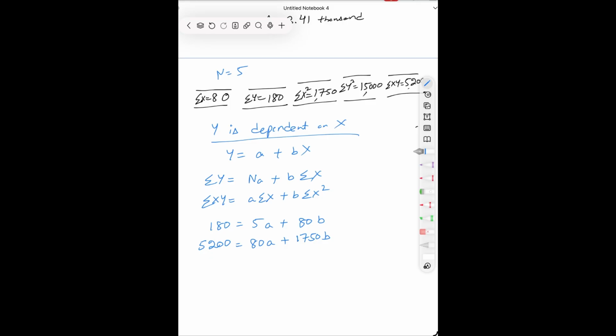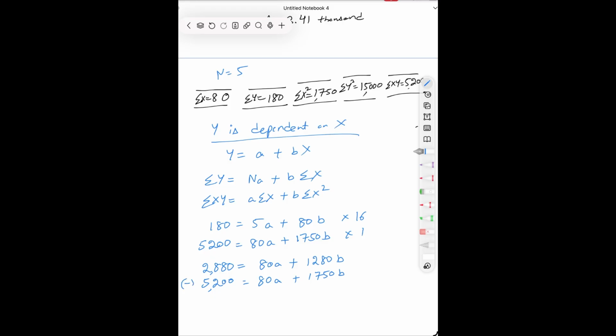Again, solving these equations would mean multiplying the first equation by 16 and the second equation by 1. So 180 multiplied by 16 comes to 2880 is equal to 80a plus 80 into 16, 1280b. Similarly, 5200 is equal to 80a plus 1750b.